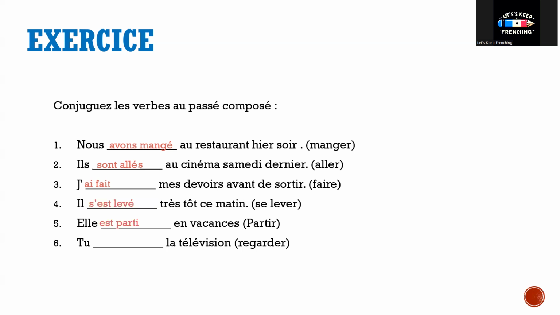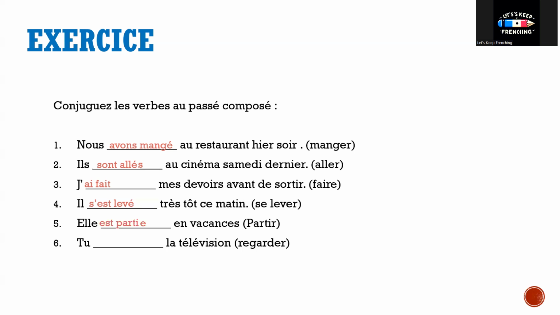And once again, since it's conjugated with être, I have to make sure that the past participle is agreeing with the subject. And the subject is elle, which means she. That implies she's feminine, right? So I have to add an extra E for the feminine version. Elle est partie en vacances.